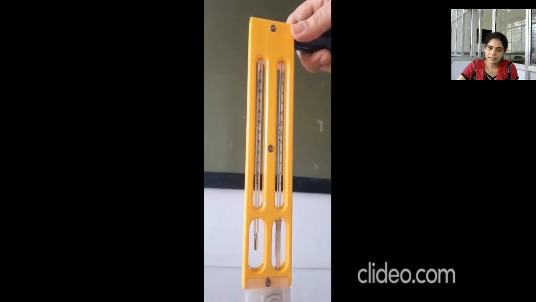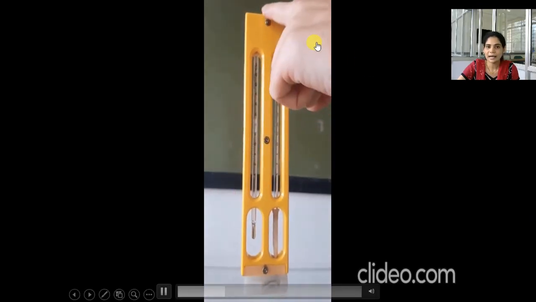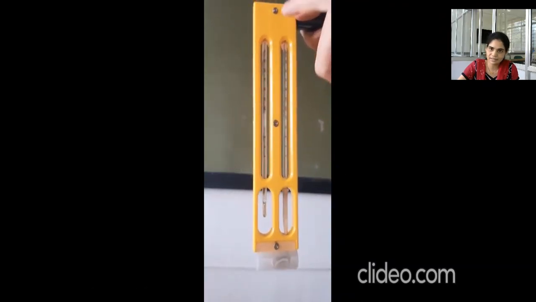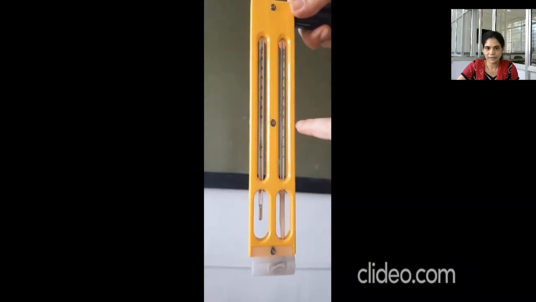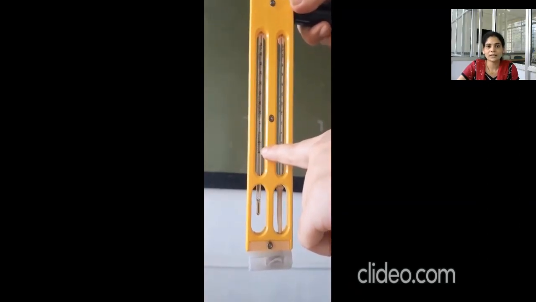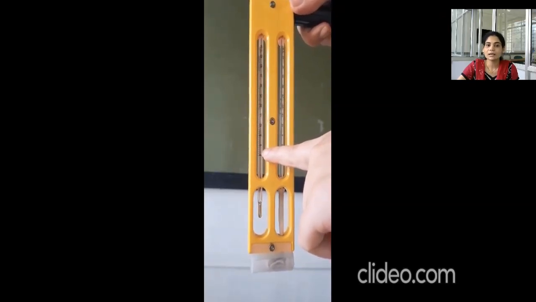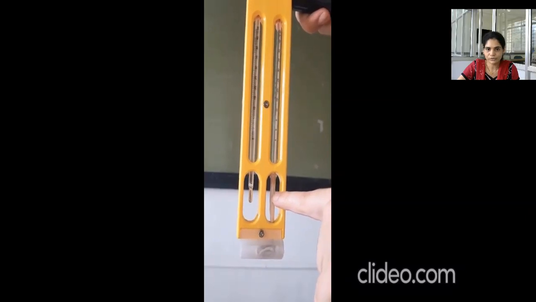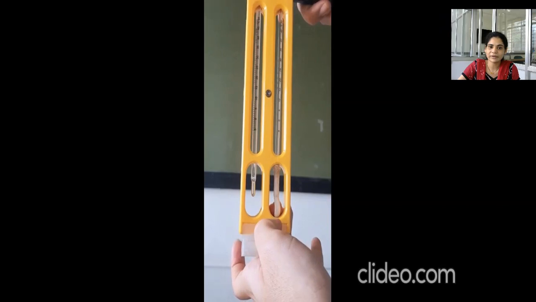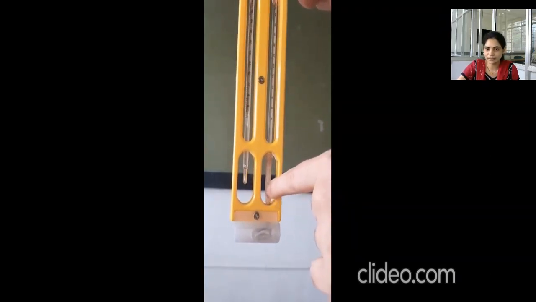Now, this psychrometer has a handle and a case. In this case, two thermometers are fixed. One thermometer is open to air, which we call the dry thermometer, whereas the wet thermometer is encased in a cloth casing.